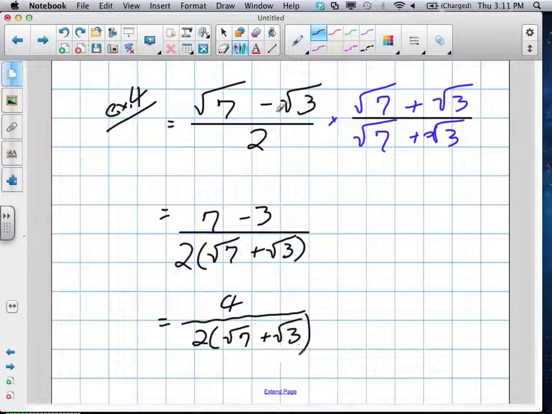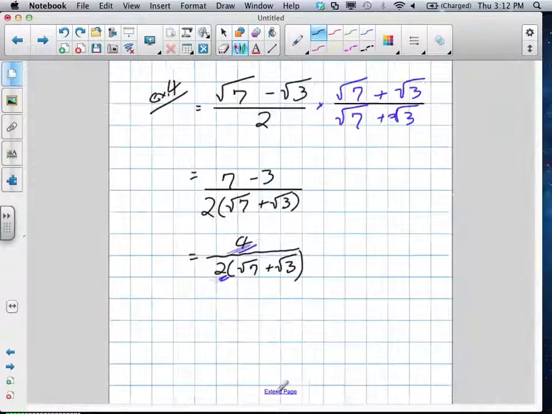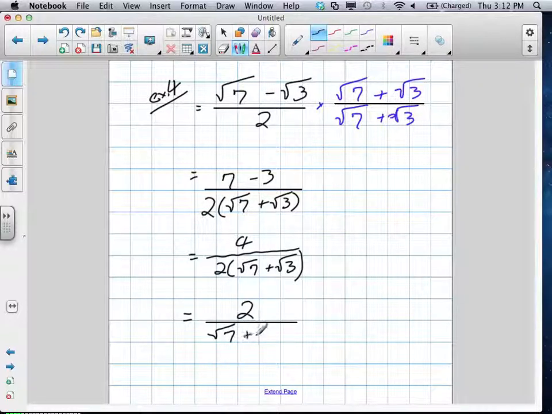And from here, this is where factoring it does come in handy. Because both of these terms are multiplied by 2, I can take this 2 and divide the 4 by it. So 4 divided by 2 will give us the number 2. So on the bottom, there's no longer a number to distribute. We'll have 2 on top because 4 divided by 2 is 2. And on the bottom, we're just going to have root 7 plus root 3.